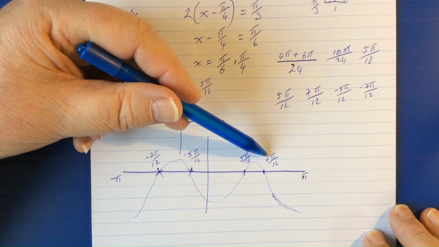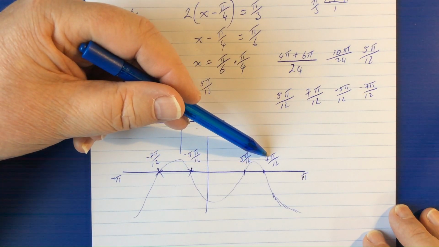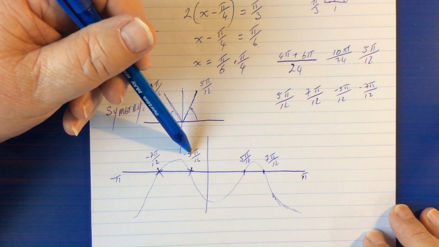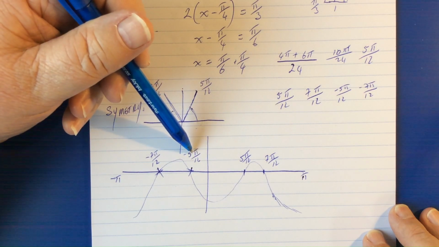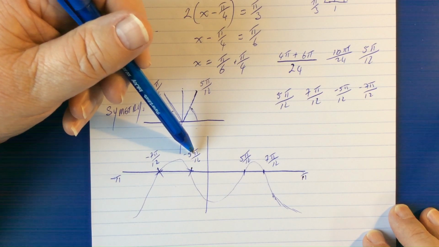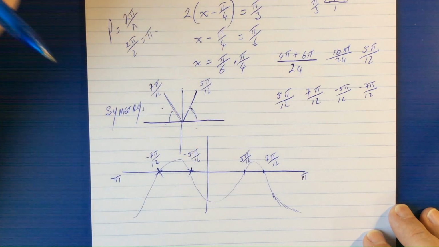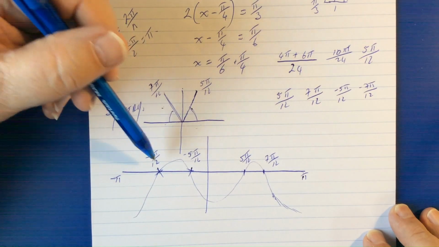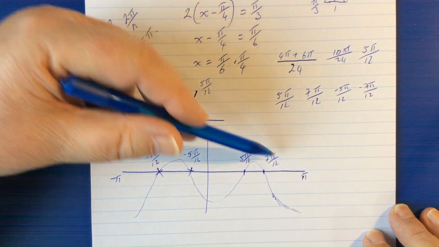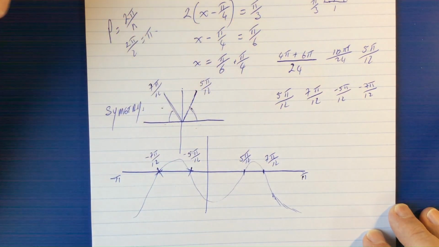If we subtract pi from this, we get all the way back to negative 5 pi on 12. That is why this looks like it does. This is why these are the 4 solutions within that domain.